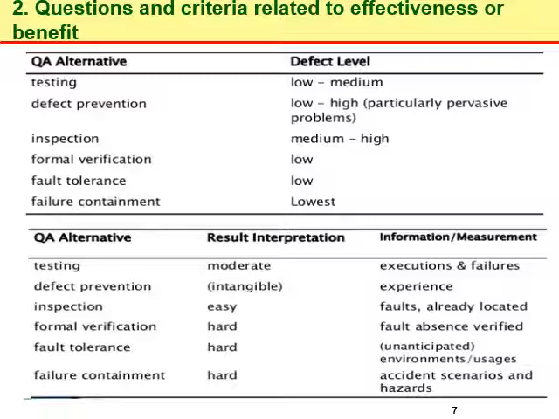Similarly, different quality assurance techniques may be suitable for different defect levels or different levels of pervasiveness. By pervasiveness, we mean the presence of defects or their density in different modules or different parts of the programs.